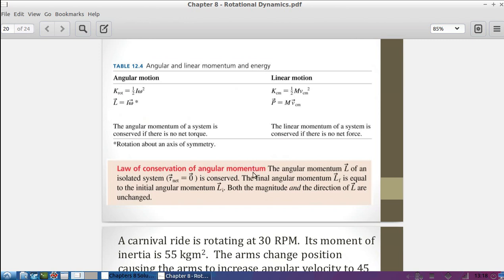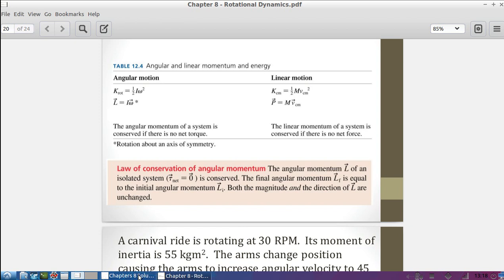Basically those two concepts we dealt with in linear momentum we're going to define for a rotating object. So we've got an object in translational motion. It has its traditional kinetic energy, it's got its traditional momentum. And so now we have those same properties for an object that's rotating.